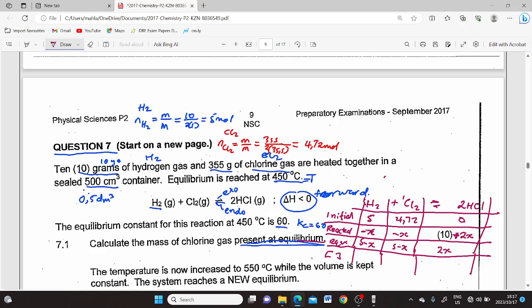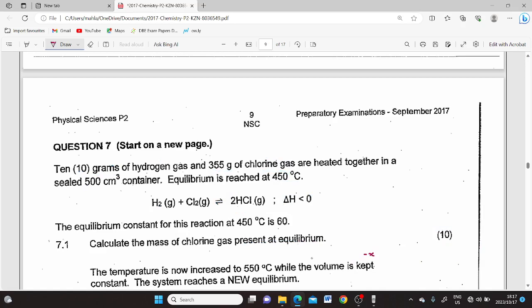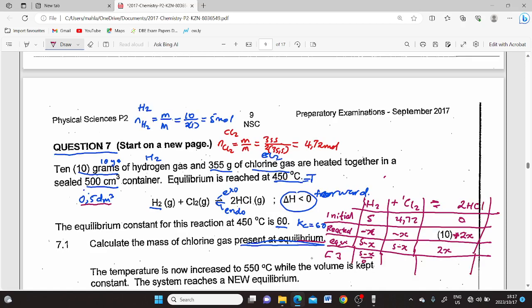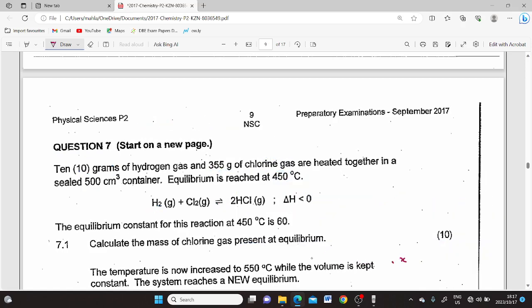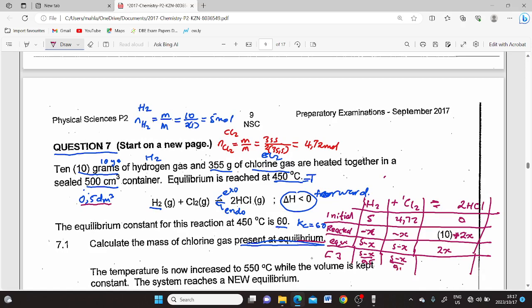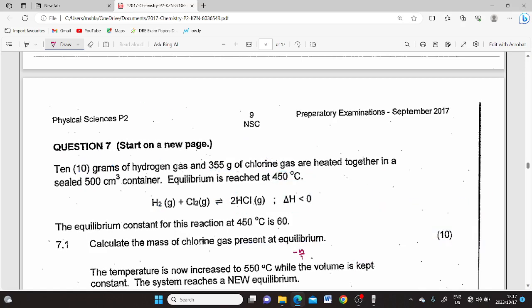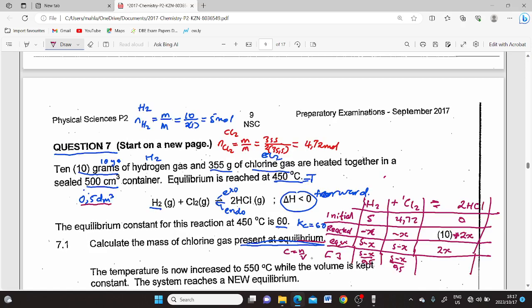Now we're given a volume of 0.5, so we're going to divide each by 0.5. So saying 5 minus x over 0.5, 5 minus x divided by 0.5. Remember the concentration is C equals n over V. So the volume is there, the number of moles at equilibrium is given as 5 minus x.